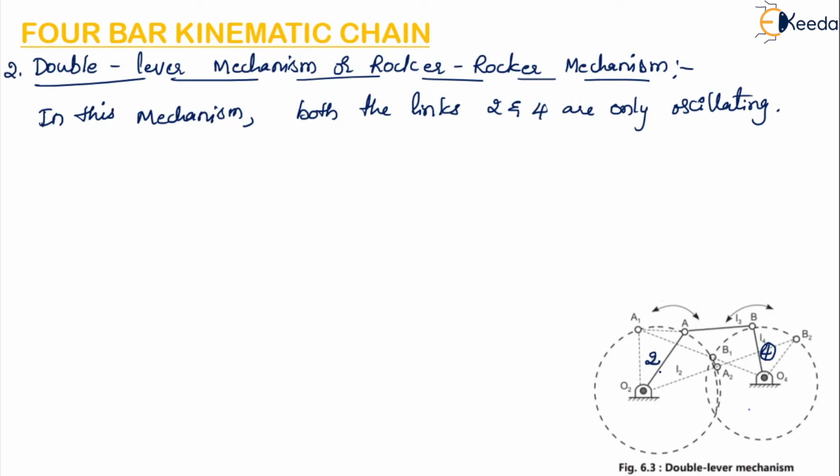Link O2A, where this is O2 and this is A, oscillates between positions O2A1 and O2A2. So this link or rocker is oscillating between O2A1 and O2A2.